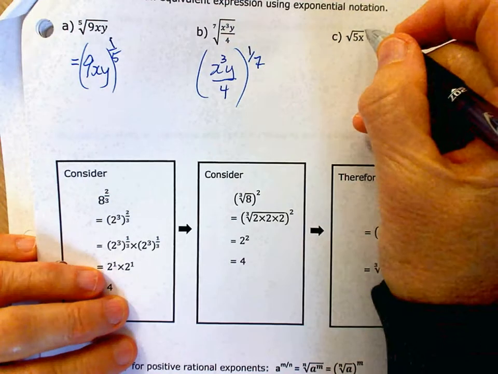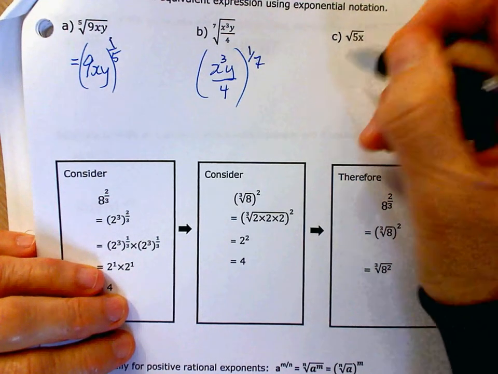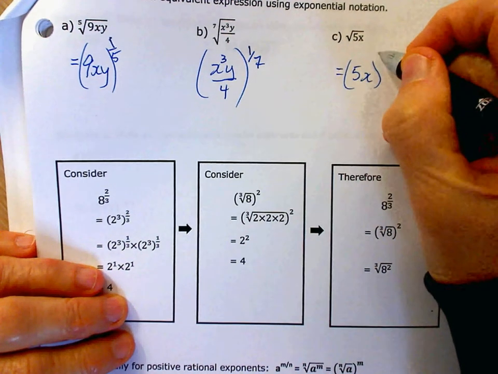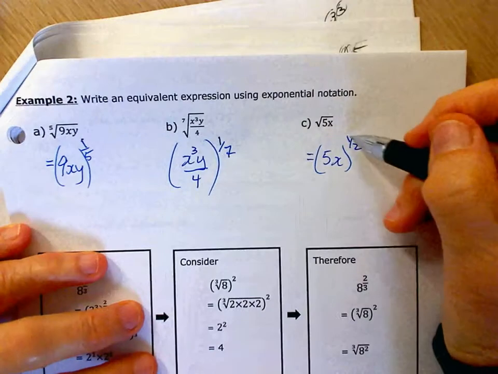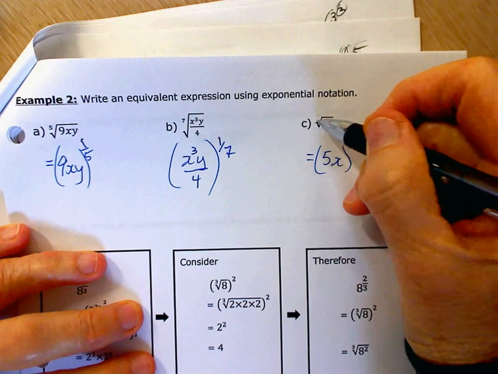And be careful, it looks like x is included in the square root sign, so this is 5x to the 1/2. When it's a half, the 2 there is understood. We don't write it in because that's a bit redundant.